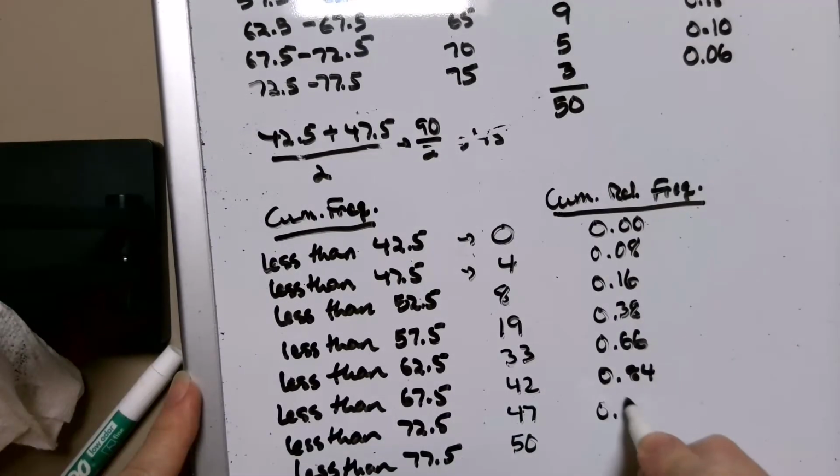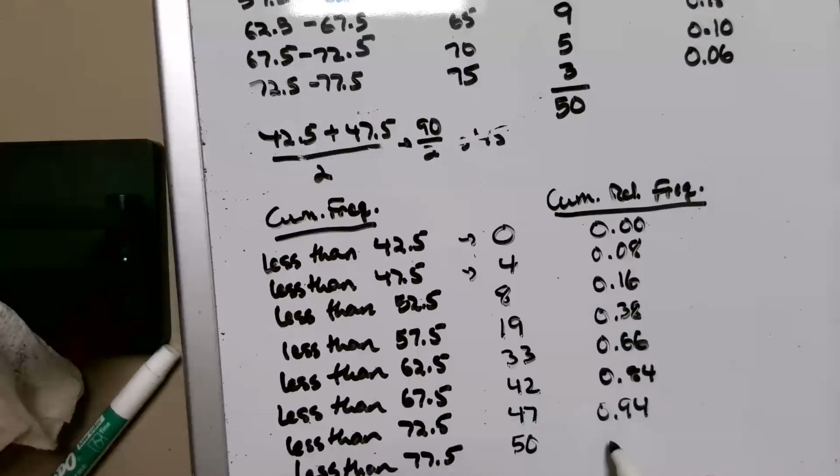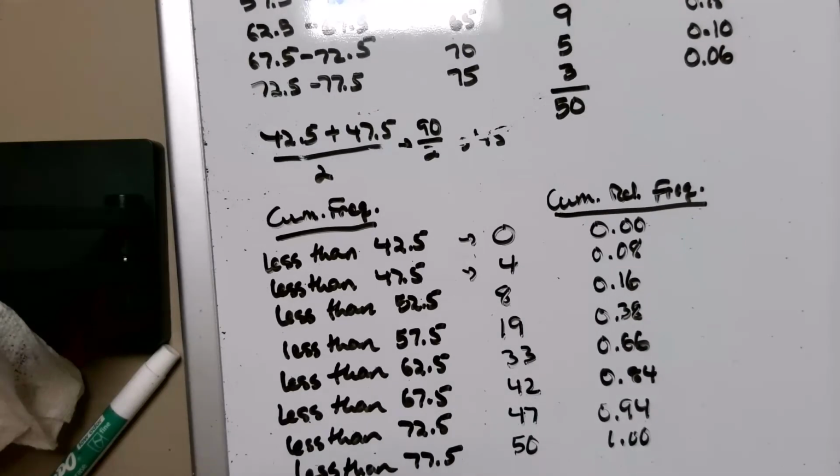Divided by 50, they have a mistake in the book, 0.94, and then 50 divided by 50 gives you 1. There was a typo in the book on page 62.